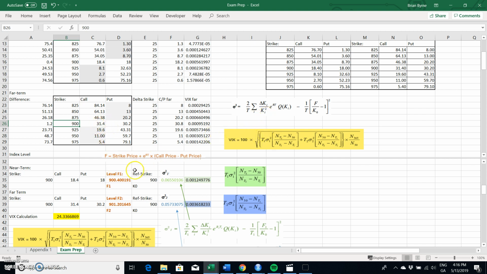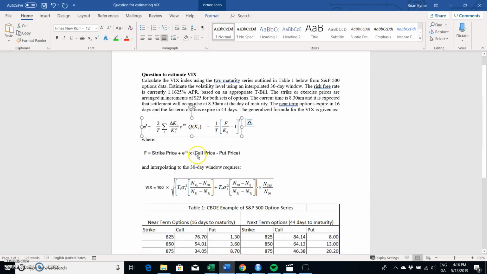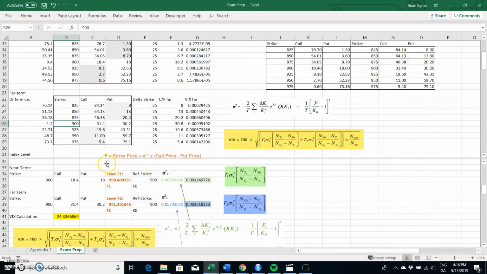Now F, however, if we go back to our exam or quiz style question, the F here is that K0 again, so it's the strike associated, it's the K0 plus e to the rT times the call minus the put, where the call minus the put are associated with the minimum difference.